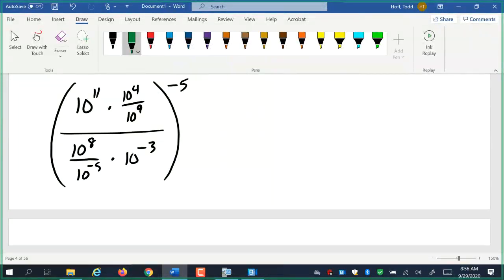So we have to do inside the parentheses first. Fraction bar is telling us to do what's on top first. Well, on top, first thing we have to do is this division here because it's in a fraction bar.